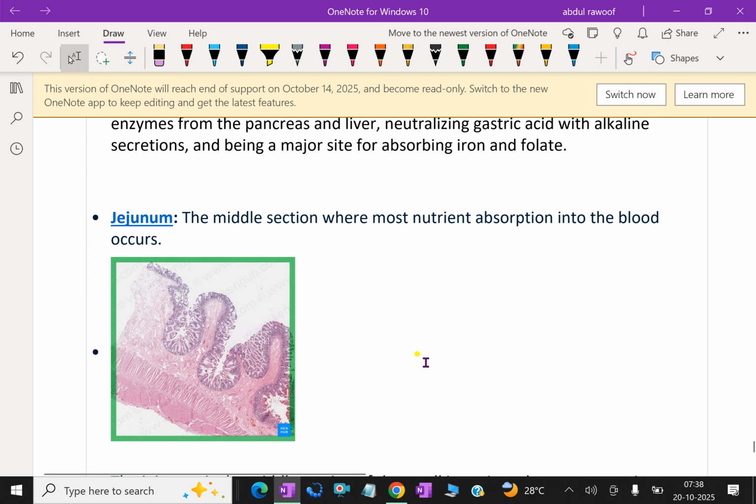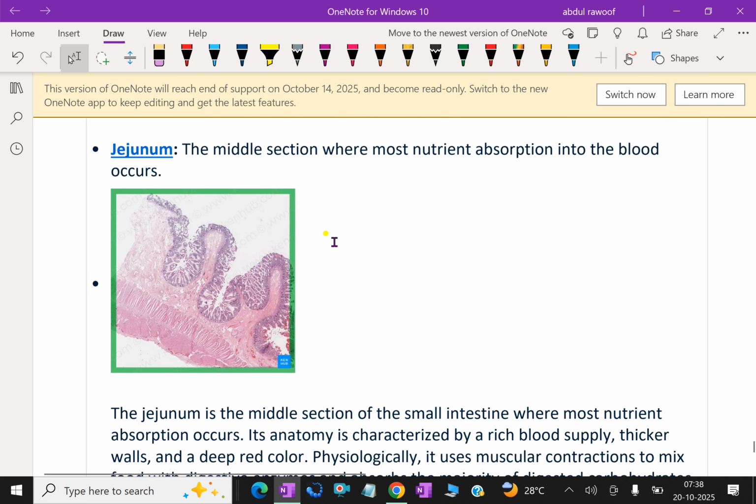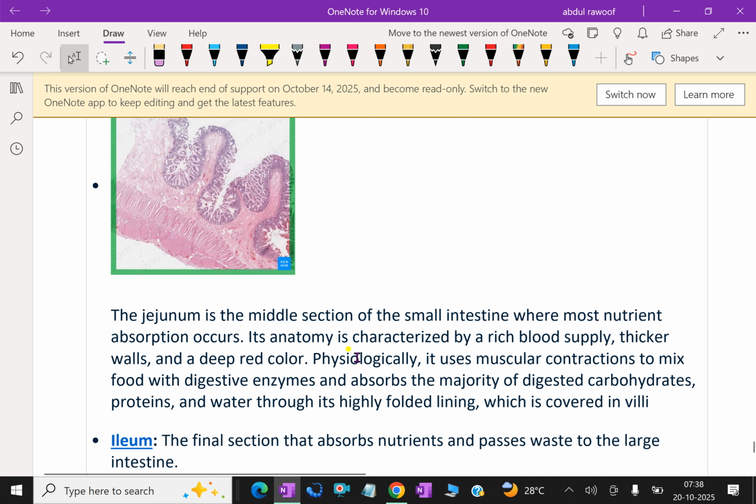Next one, the jejunum. The middle section where most nutrient absorption into the blood occurs. The jejunum is the middle section of the small intestine where most nutrient absorption occurs.